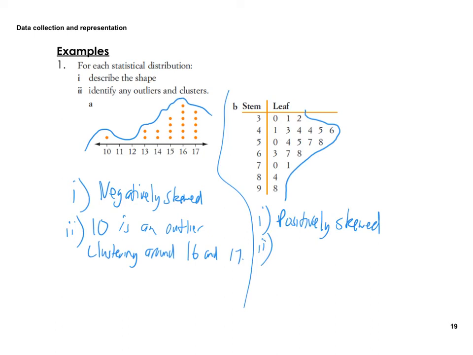Well, firstly, outliers. Any outliers, any gaps? No, so no outliers. And clustering, where you can see there's heaps of scores around the 40s and 50s, just here. So clustering in the 40s and 50s.